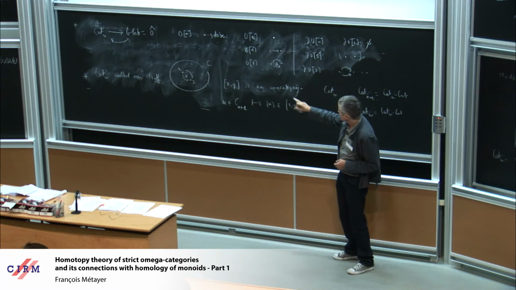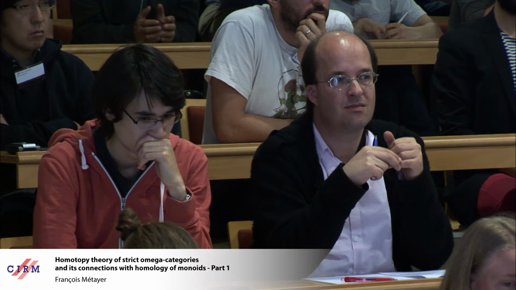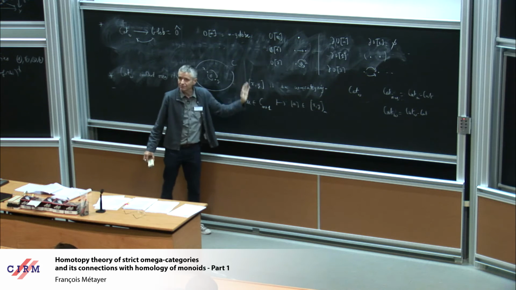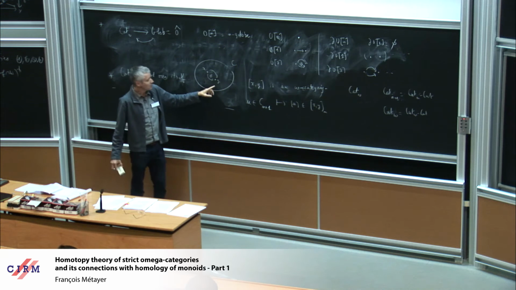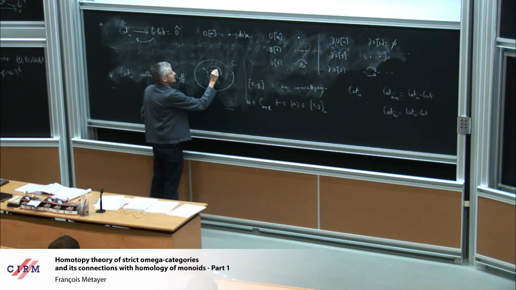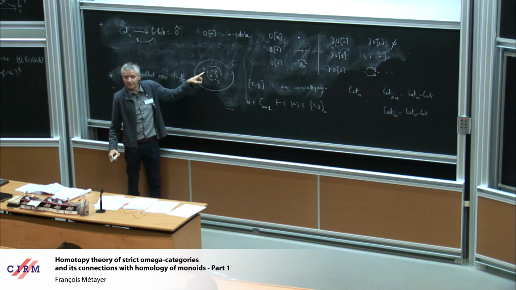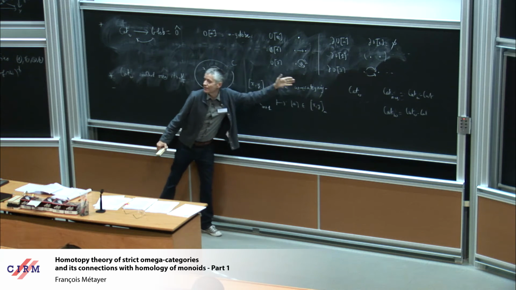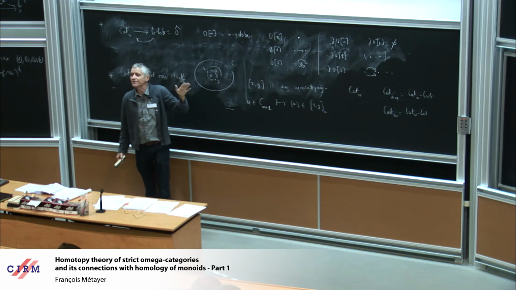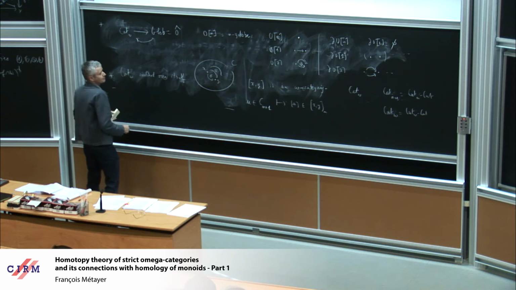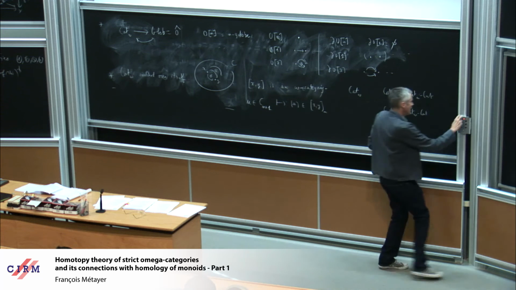Okay, so you get this Hom set, which is itself an omega category, and this respects the compositions. So when you compose here two cells against a border of dimension 1, then in the Hom set of X, Y, you basically compose two 1-cells against a border of dimension 0, and so on. Okay. And so that's it.